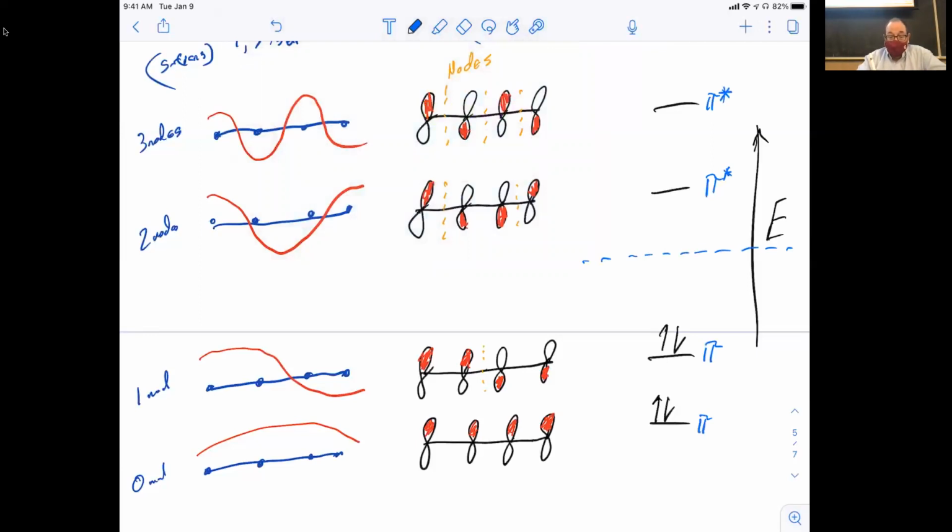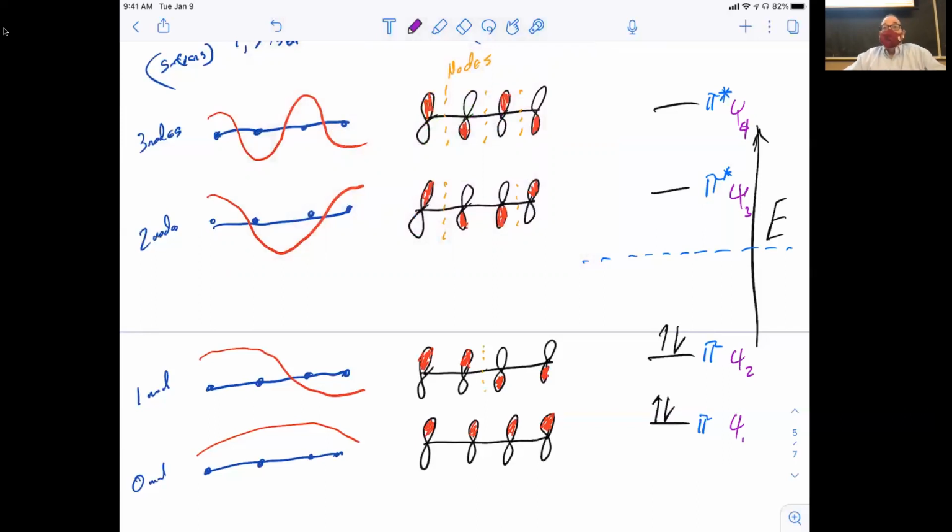In quantum mechanical terminology, this is not 0, 1, 2, 3. This would be psi 1, psi 2, psi 3, psi 4. So I can actually do a quantum mechanical calculation to come up with these distributions of electrons.